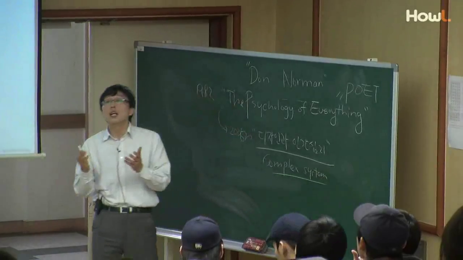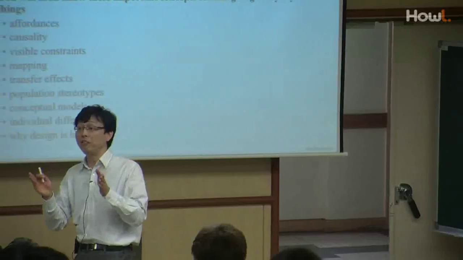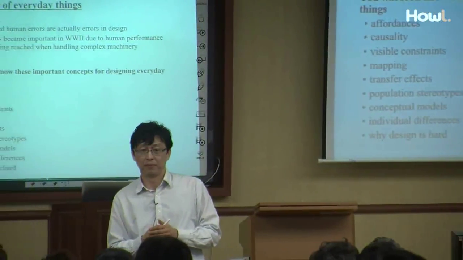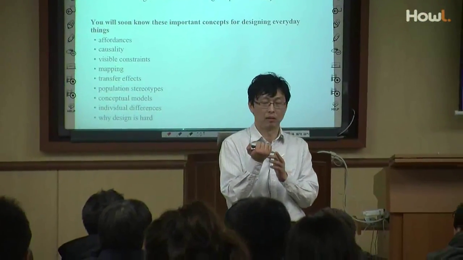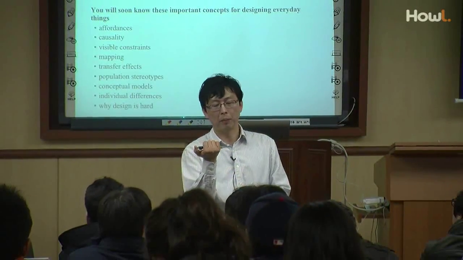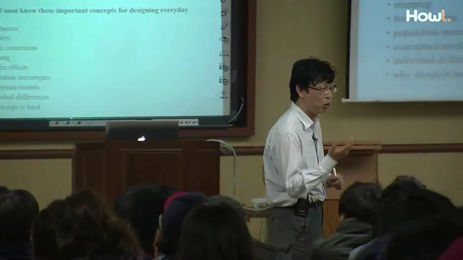In olden times, when each product had only one function, there were no usability problems. Okay? So this one has only one function, isn't it? Propelling pencil. Only one function. There is no usability problem. There are no human errors.